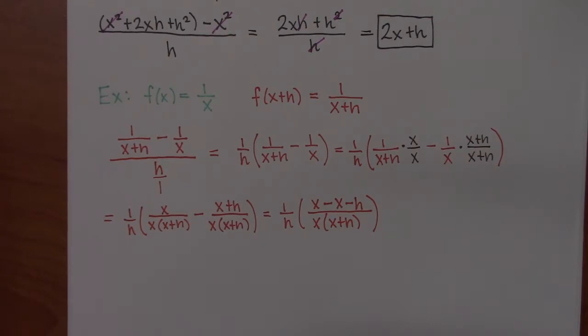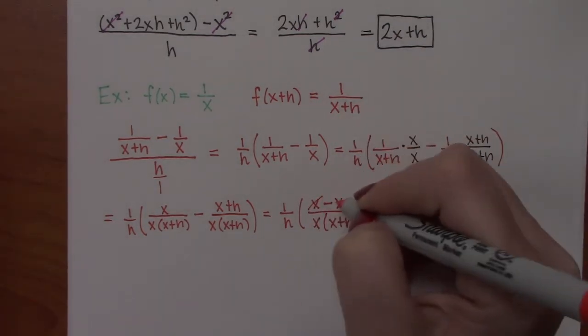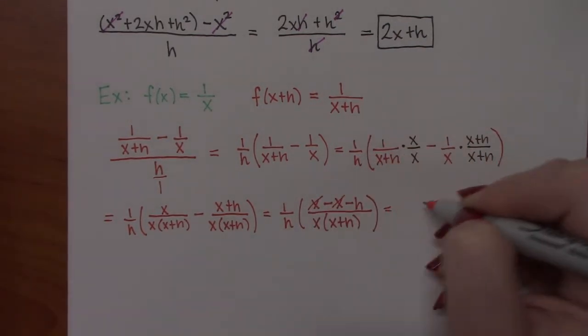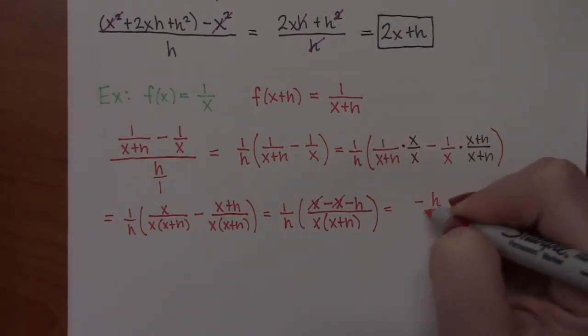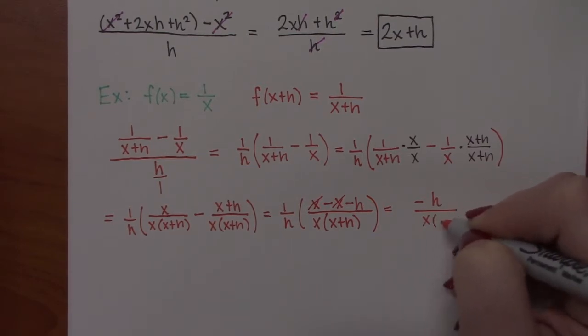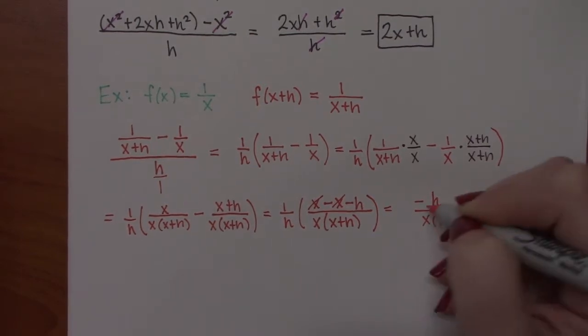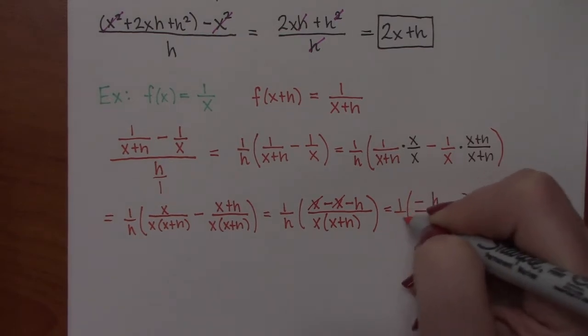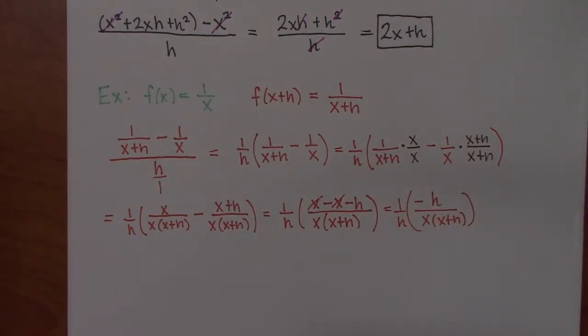All the terms in the numerator without an h are going to go away again. So this x cancels this x, and all I'm left with is negative h over x times x plus h, all times 1 over h. So just like in the last problem, we can cancel the h out of the denominator.